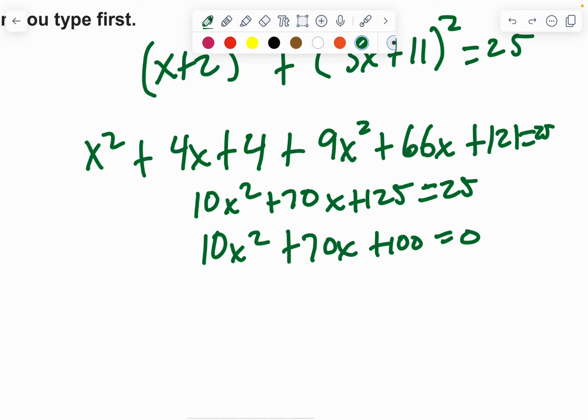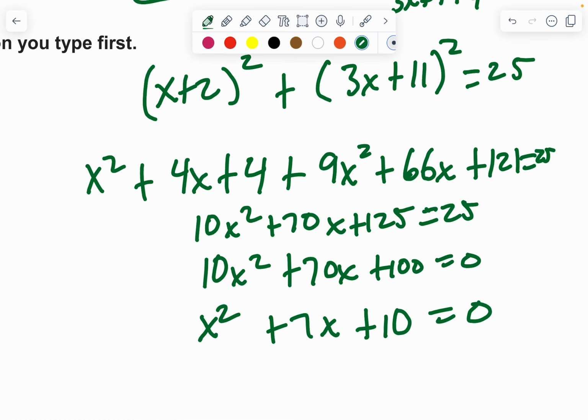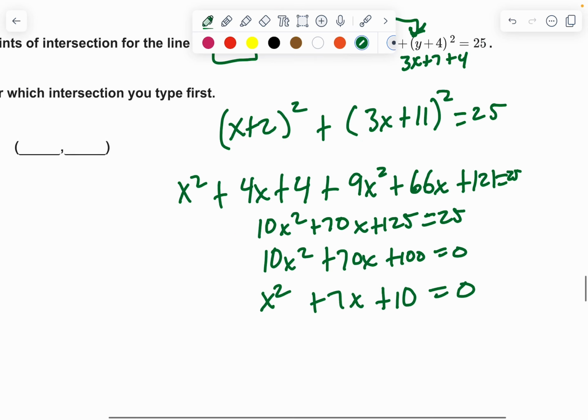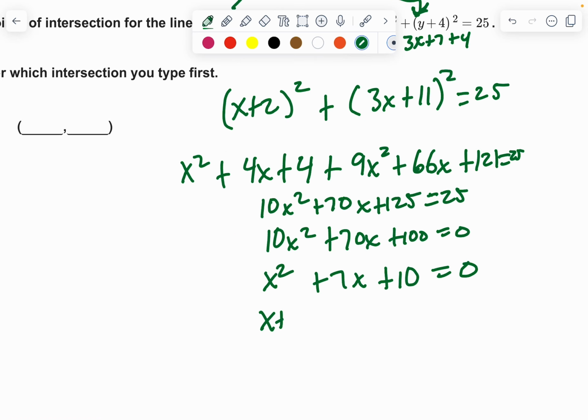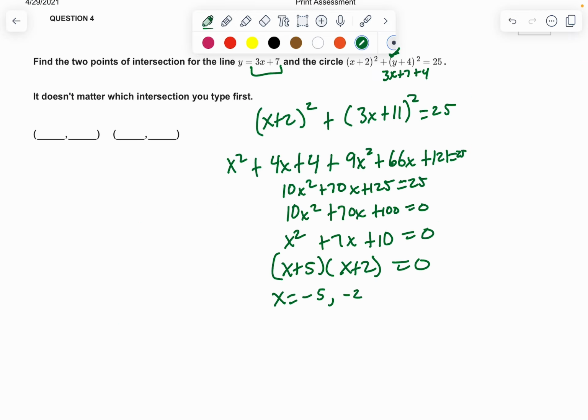So pull out the 10 and you get x squared plus 7x plus 10. And now it's an a = 1 factoring question. So that would be (x + 5)(x + 2). So x equals negative 5 and negative 2.